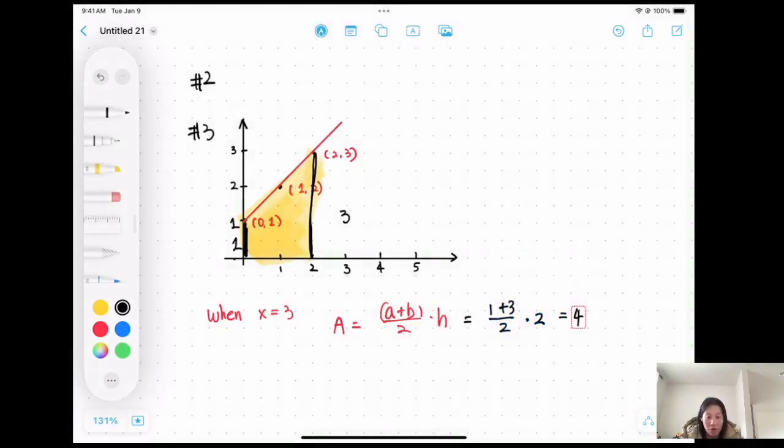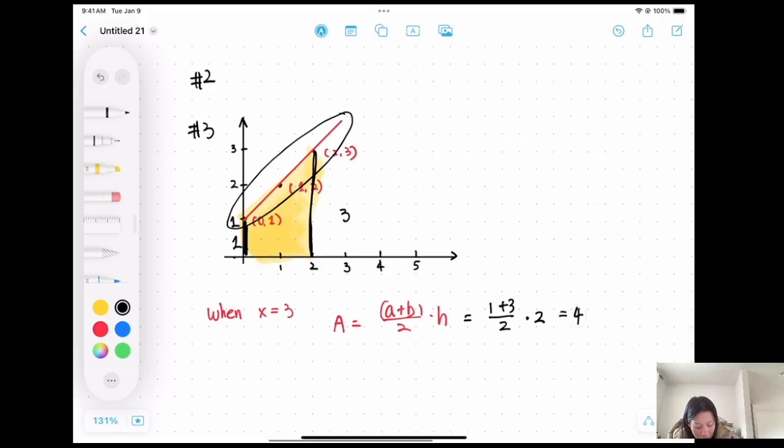And how do we find the area? We can use the integral formula to represent the area. In order to set up the integral, we need to know what this area is bounded by. This one is bounded by the red graph, which is a linear graph. The slope is equal to 1, and the y-intercept is 1, so it should be x plus 1.